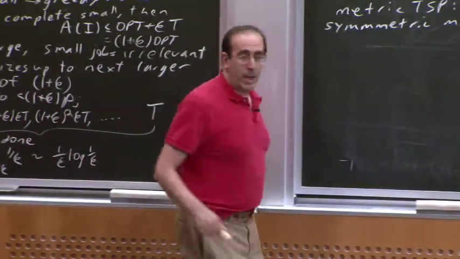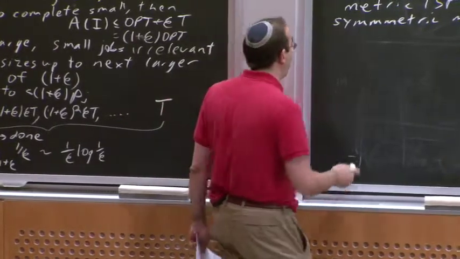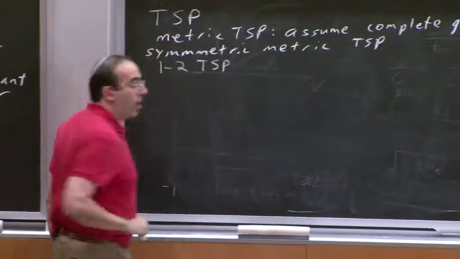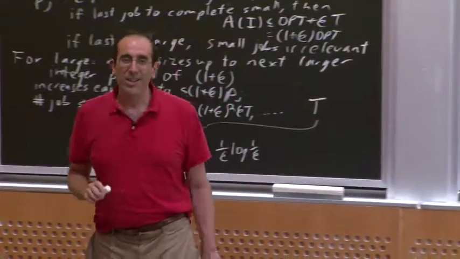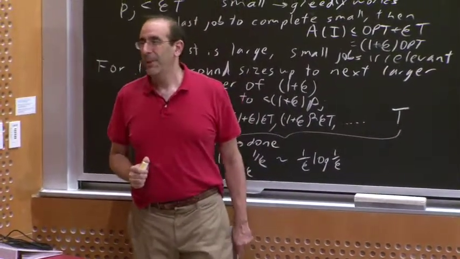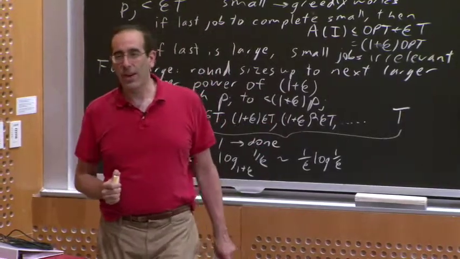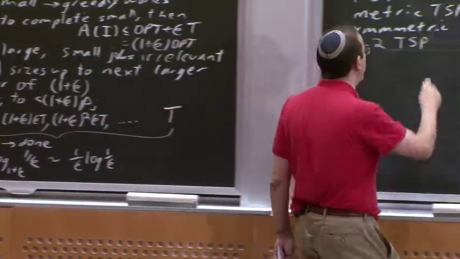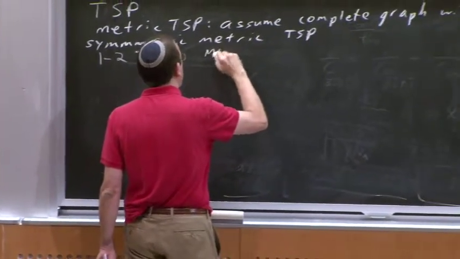Now, we can even start by considering a very restricted version of the problem called 1-2 TSP, where all the lengths of edges are 1 or 2, which means they obviously satisfy the triangle inequality. So you just have good edges and bad edges. Now, even this problem is max SNP hard.